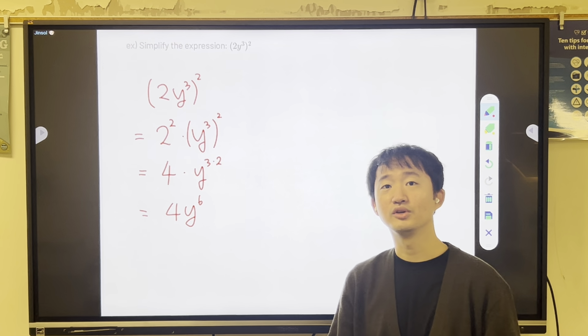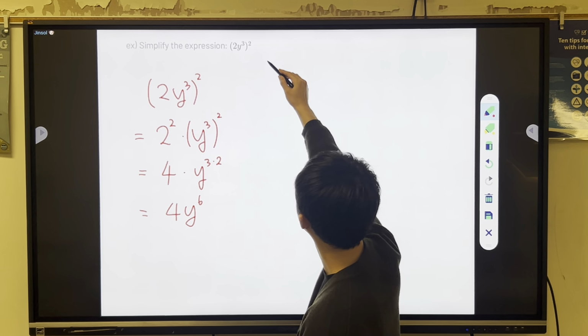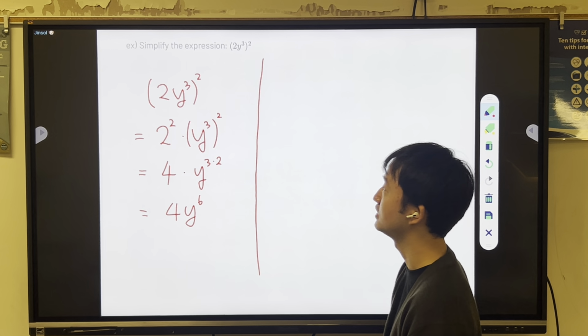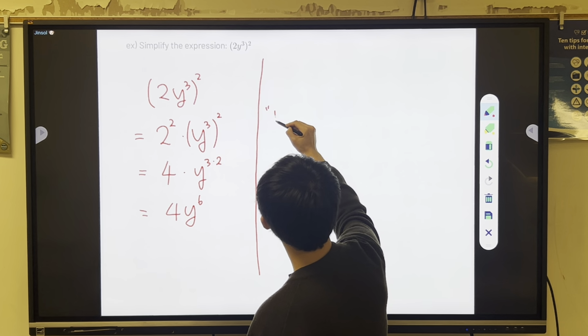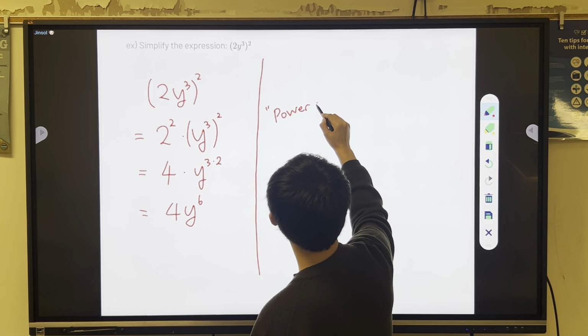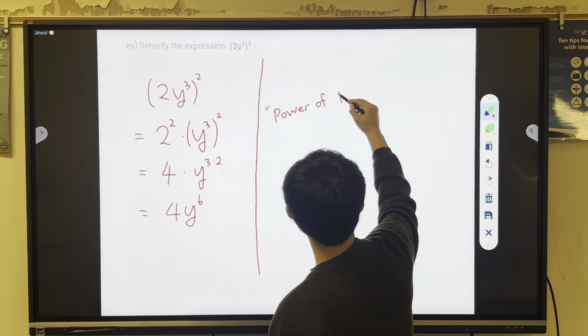Once again, in this case, we used two exponent laws. Let us annotate our process here. The first exponent law that I used was the power of a product.